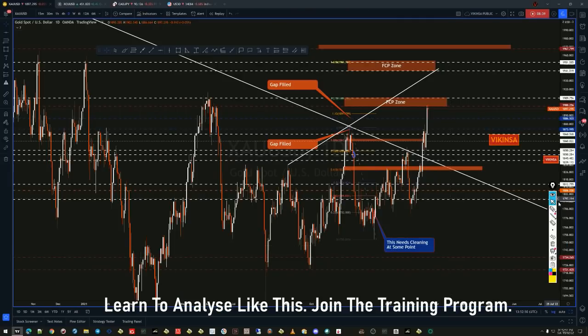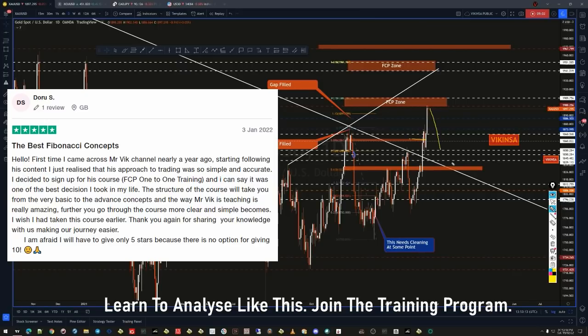Right. So if the market starts to go down from this FCP zone, then we are looking at 1886.5 as one target, 1873.9, 1868.56, and then this FCP zone, which is around 1860. Then we have 1850.284 as targets. So these are all the targets which can actually be achieved if the market starts to go down.